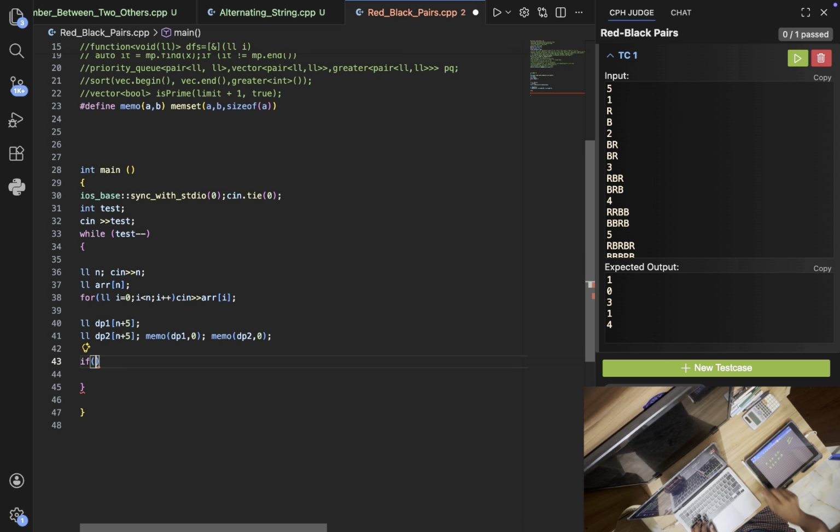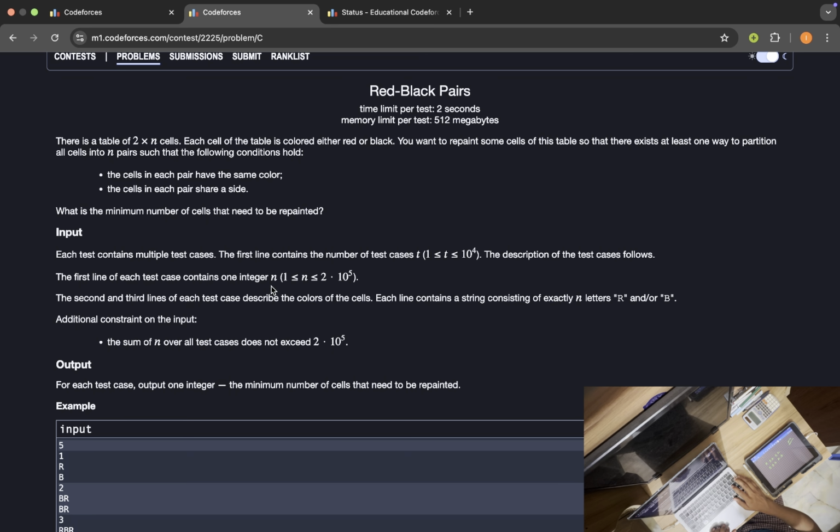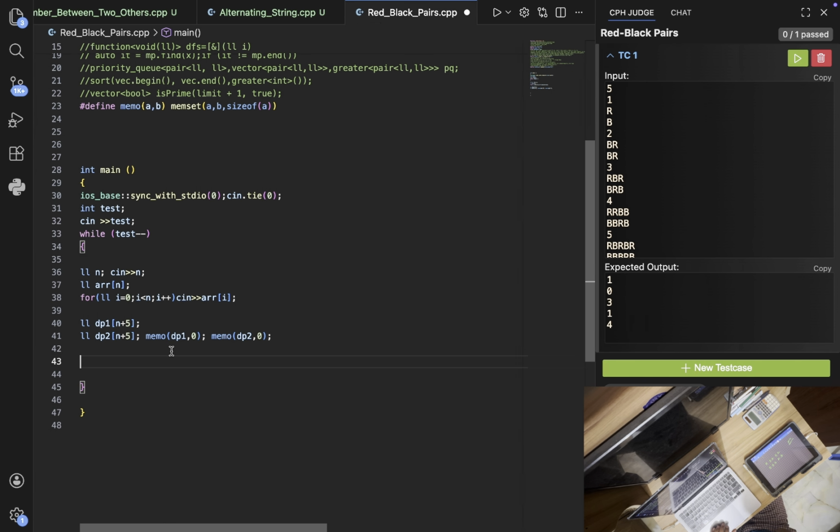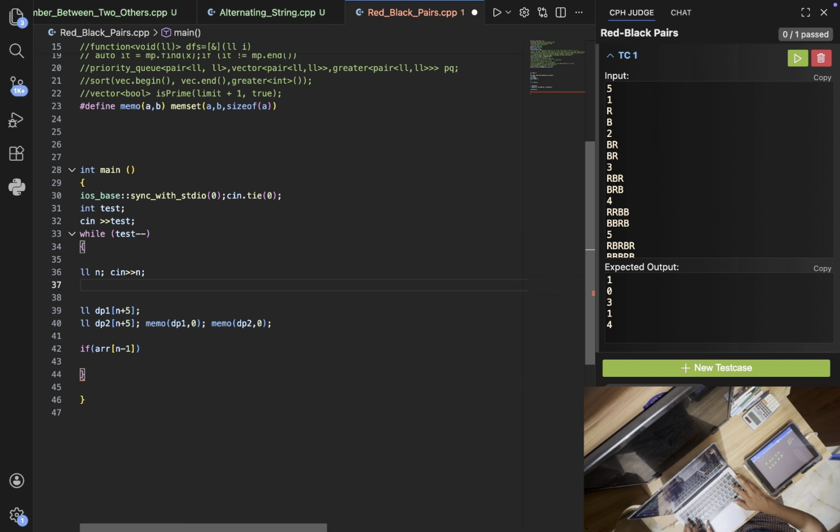Should I manually set the last two values? I think I can manually set them up. N is equal to 1 actually. Oh, there are two values, two strings actually. Those are not added.